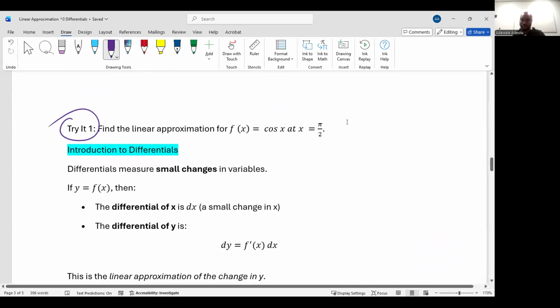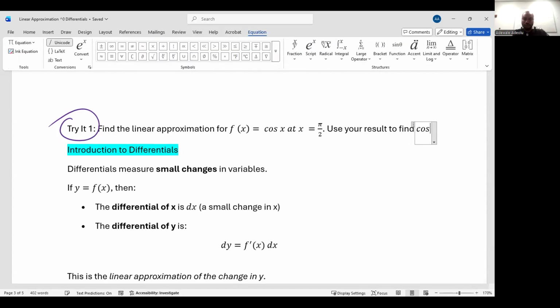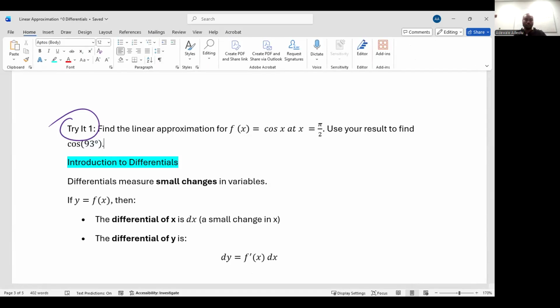In fact, I can say use your results to find cosine of, let's say, 93 degrees. So that's a good exercise for you.